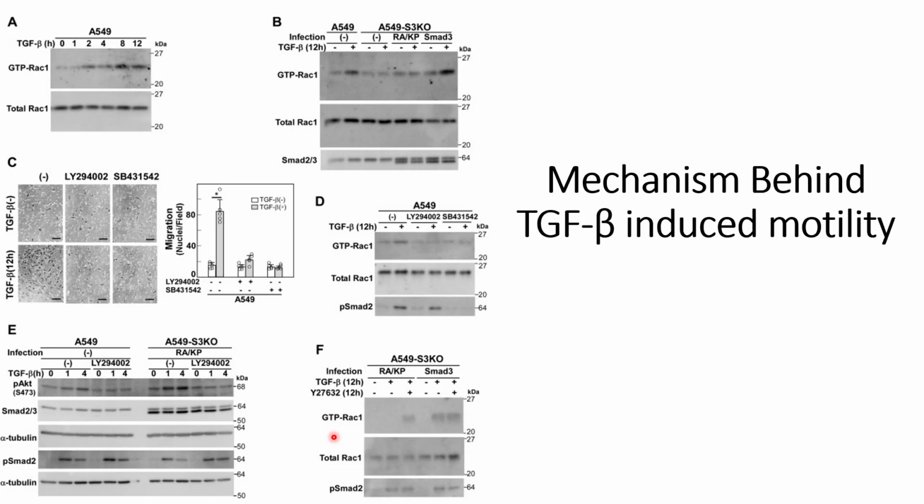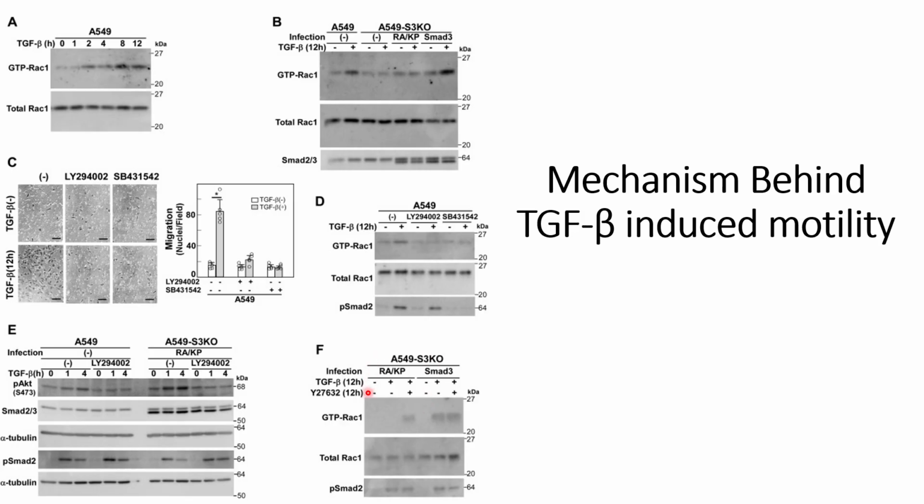But they saw a quite reverse result: when they used the mutated SMAD3 infected A549 cell lines, they were able to see the signals for GTP-RAC1 when these ROCK pathway inhibitors were used. And similarly, they were able to see GTP activation in the A549 SMAD3 knockout cell lines with ROCK inhibitors and without ROCK inhibitors.